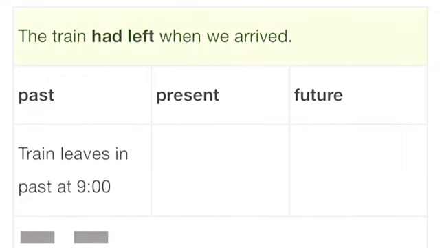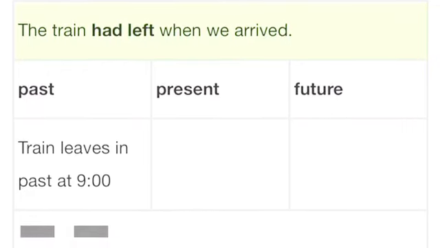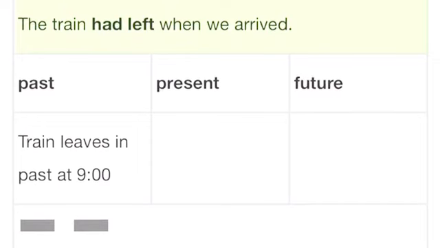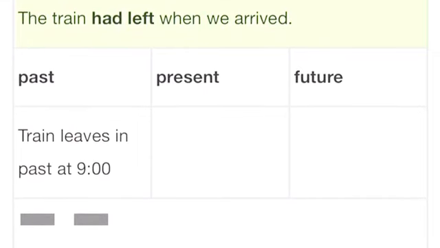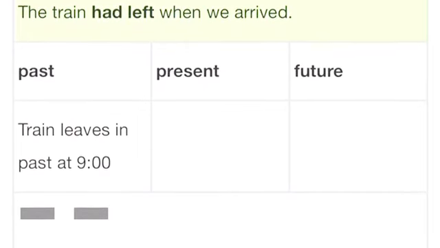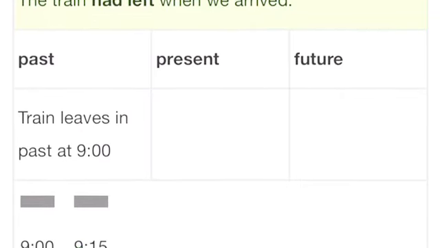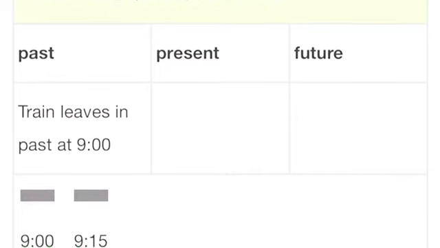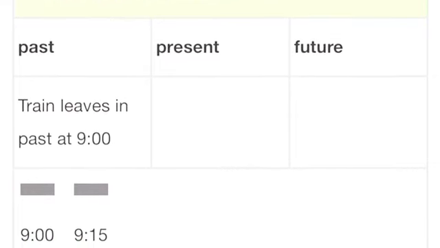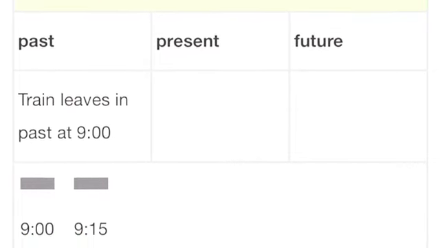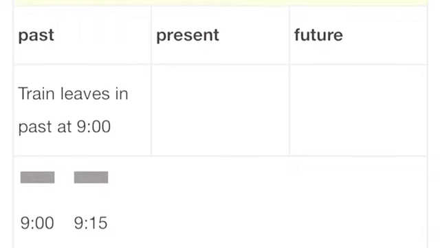Got it? Now see, the train left at 9 a.m. We arrived at the station at somewhere 9:15 a.m. When we arrived, the train had left. Got it? Now let us see the table for the same. When we join and tell it, we say the train had left when we arrived.